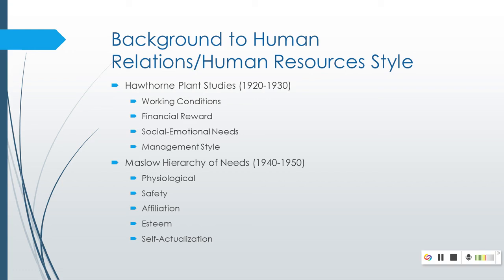But you can see that also in the workplace, they began to realize that the workers were not robots, and they needed to be considered in order for them to be not only productive, but to retain them and keep them. And that led to a whole series of theories referred to as theories X, Y, and Z. McGregor's theories X and Y and Ouchi's theory Z. I think you'll talk more about these in the organizational theory class.